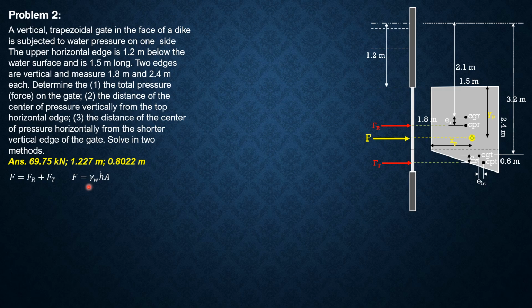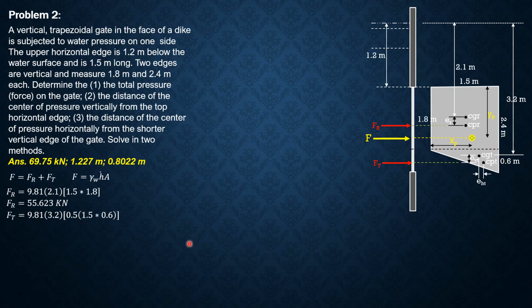So using gamma of water 9.81 kilonewtons per cubic meter, h-bar of the rectangle is 2.1 and the area is 1.5 times 1.8. So 9.81 times 2.1 times 1.5 times 1.8. So F of the rectangle is 55.623 kilonewtons.